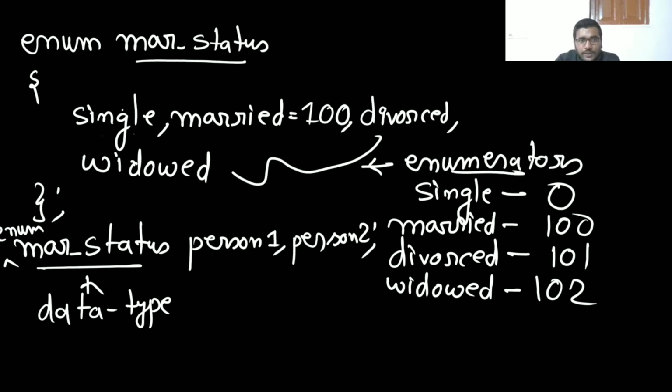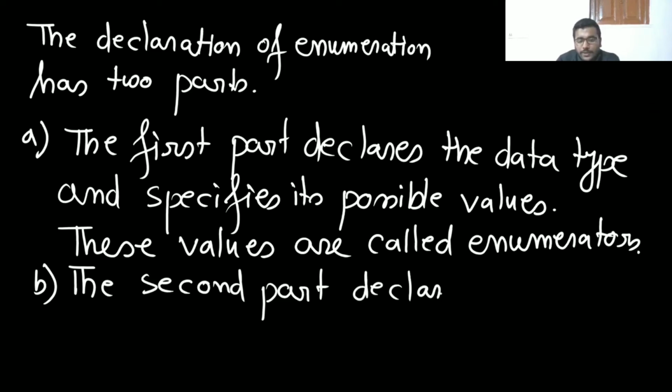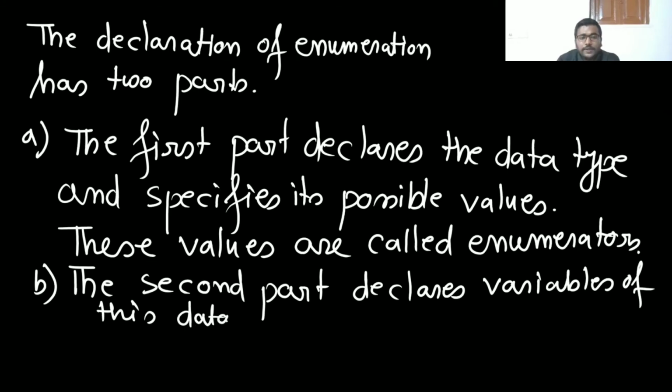These possible values, single, married, divorced, widows, are called enumerators. The second part declares the variables of this data type, so you can have only the values that it can have. Okay, understood? Enum is clear. Anyone having any doubt?